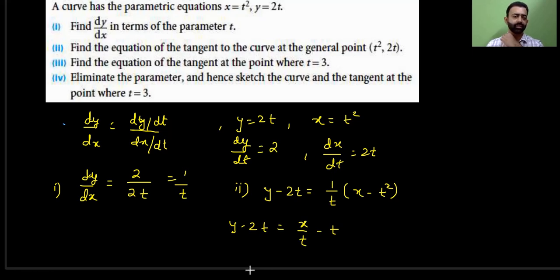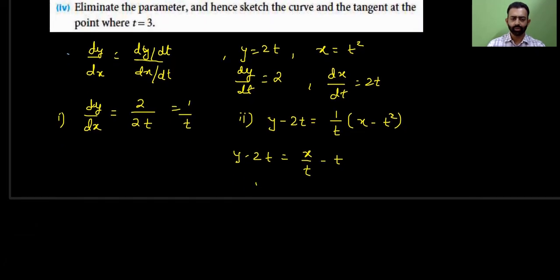Third part says find the equation of this tangent when the value of t is given as 3. So just put the value of t in the equation, which is 3. Third part: at t is equal to 3, the equation of tangent is given by y minus 2 into 3, which is 6, is equal to x over 3 minus 3.